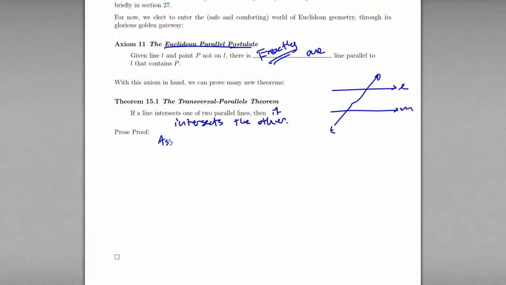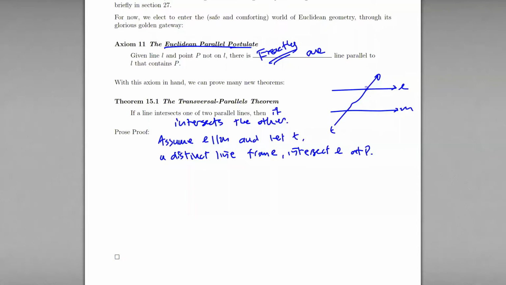So assume that we have 2 lines, L and M, which are parallel, and let T be a line distinct from L, intersecting L at some point P. Excellent.